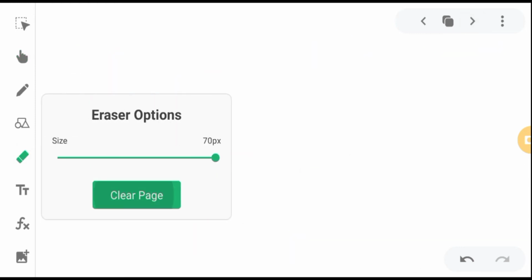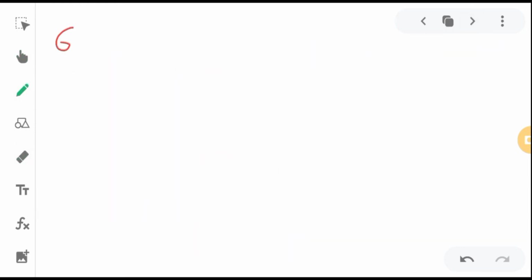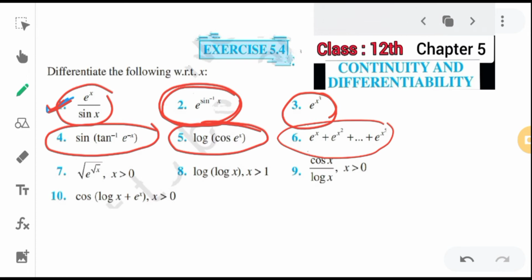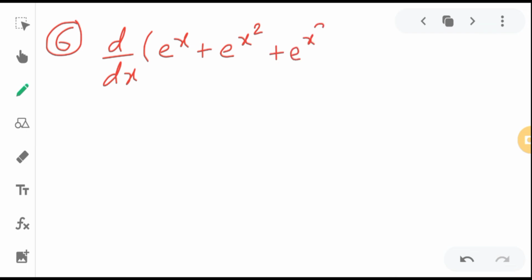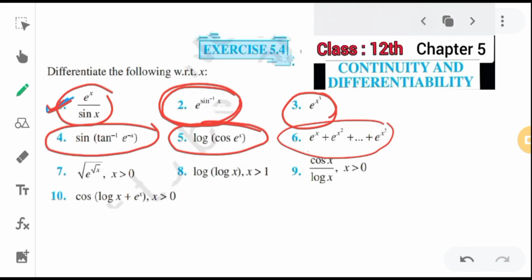Question number 6 is to find the derivative of e to the power x plus e to the power x square plus e to the power x cube plus e to the power x4 plus e to the power x5. So this question is given.